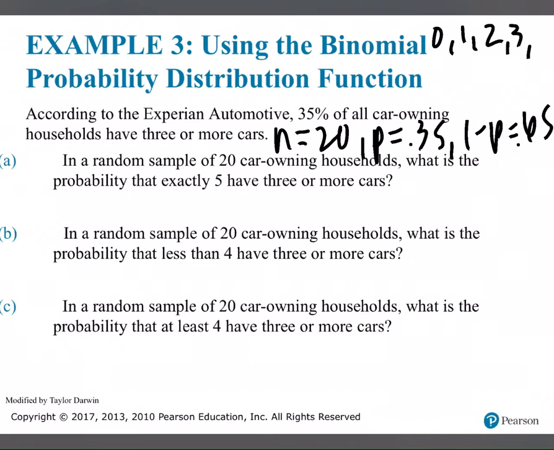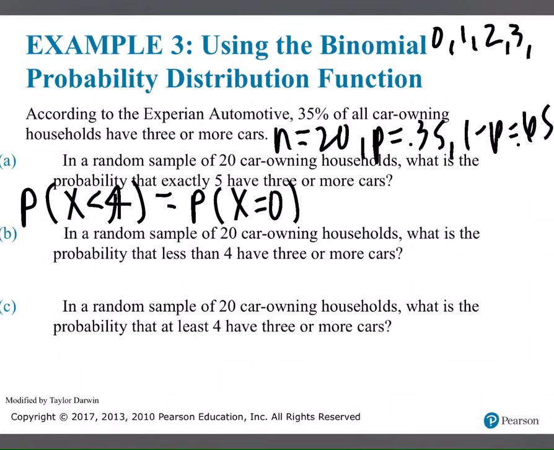So if we want to find less than 4, we have to do that 4 times and add them all together from 0 to 3. So the probability that x is less than 4 is the same as the probability that x is 0, plus x is 1, plus x is 2, plus x is 3.